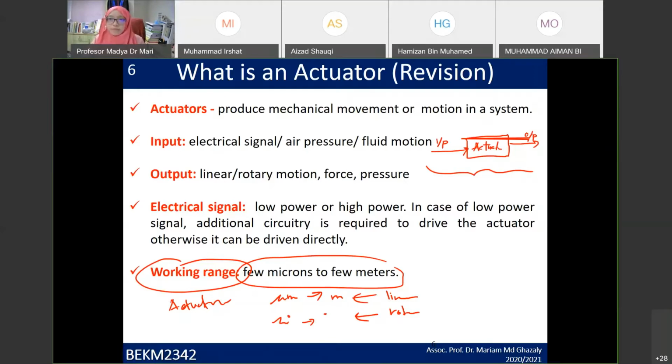For example, if you have a very good sensor, then you can actually control the output in a few micrometers, a few microns. So where do you actually make this very small displacement?